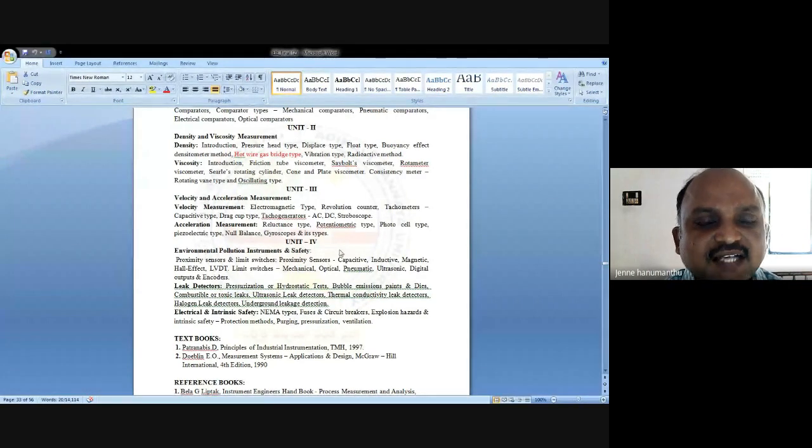In the last class we discussed acceleration measurement. Under this chapter 3, we have basically two major concepts: velocity measurement and acceleration measurement. I think these two concepts are already there in IA1, when you studied in 3-1.